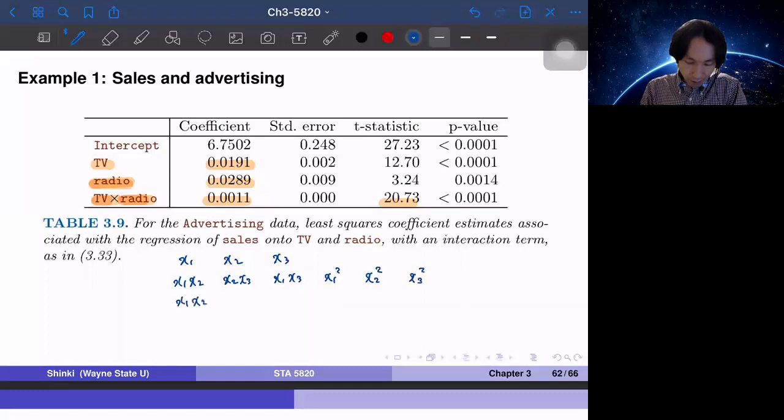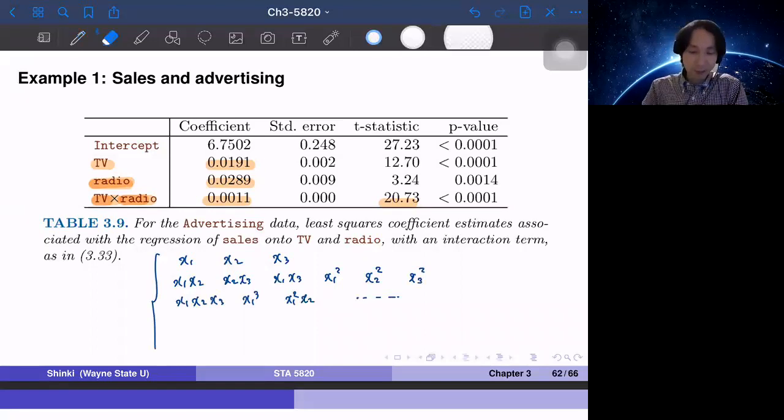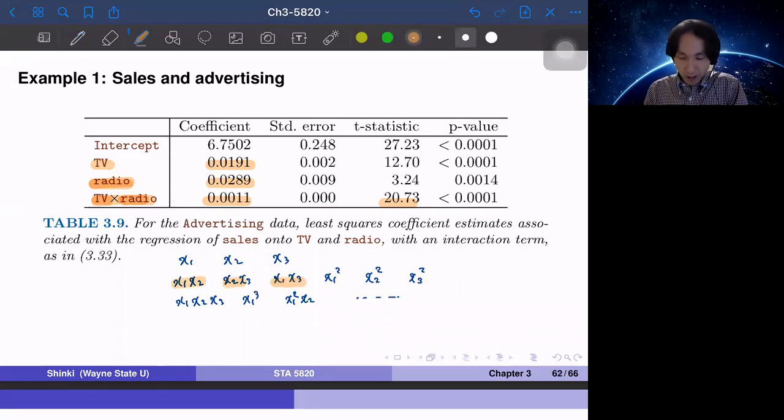Also maybe x1x2x3, or x1 cube, or x1 square x2, and so on. But usually higher order terms are not that significant. The quadratic terms are often significant, but the cubic terms and even higher terms usually are not. If we think about x1 times x2 square times x3, that term probably isn't significant. So we start with the smaller ones and go larger and larger. That is usually a good way.